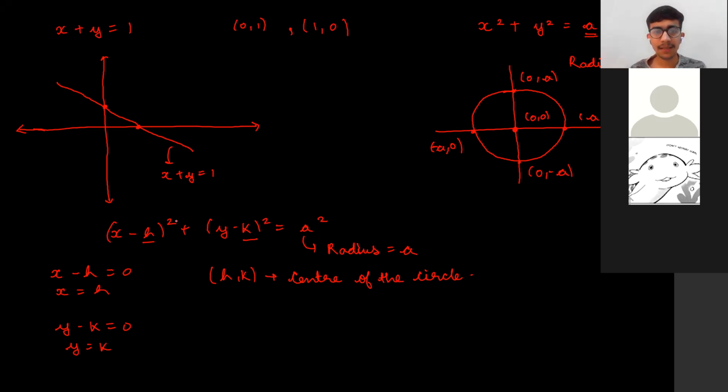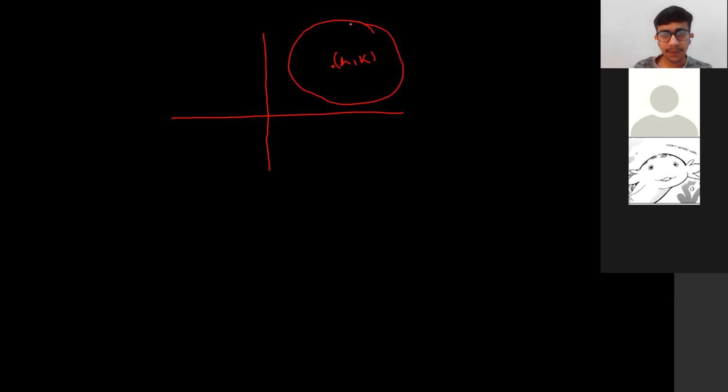But now we have x minus h the whole square plus y minus k the whole square. So the circle would look something like this. Let's say there's a coordinate h comma k, and there's a circle again with the radius a. So rather than the earlier center, which was origin, now the center is h comma k. That's all. Okay, I got it.